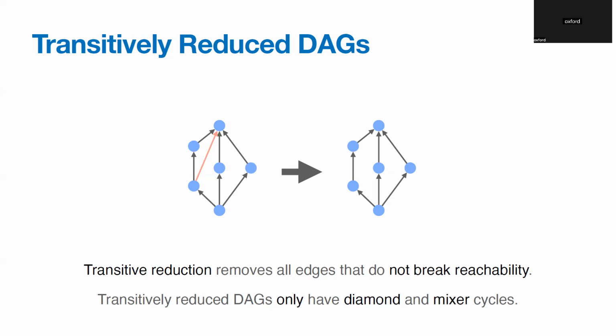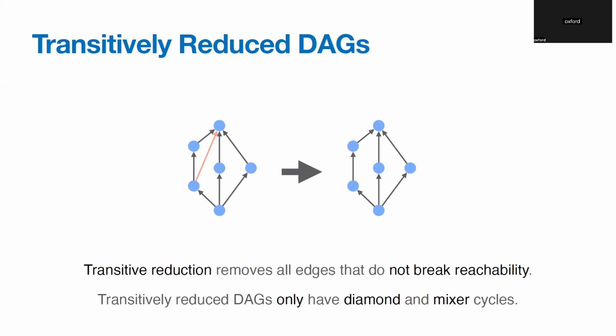And what transitive reduction does is that it removes all edges that do not break reachability. So it's not just a connectivity question, it's really a reachability question, right? So if we remove that edge, we can still go from that node to the top, just by going along a longer path, but you can still do it.